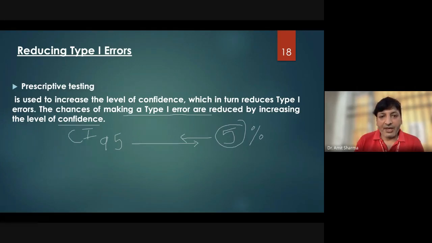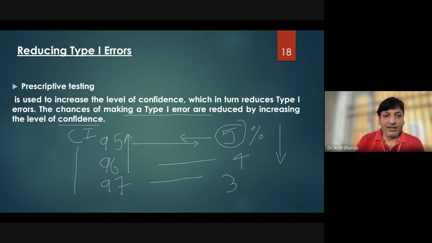As you increase this confidence interval, the chance of error is going to reduce. If you make it 96, it will become 4. If you make it 97, it will become 3. So by increasing the confidence interval of the study, you can reduce the type 1 error.